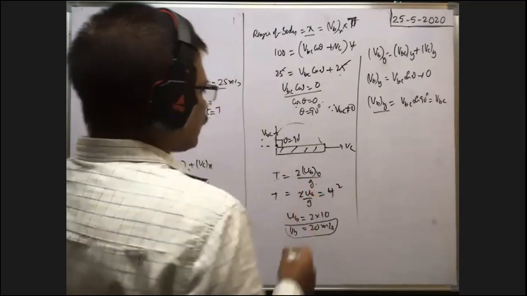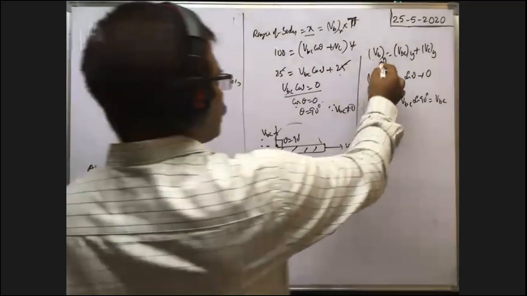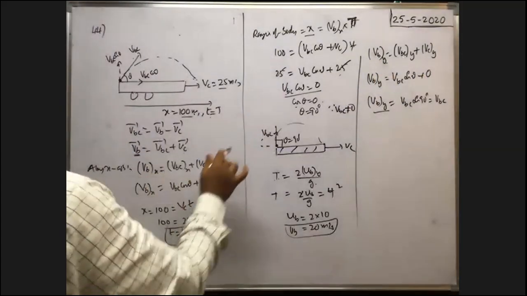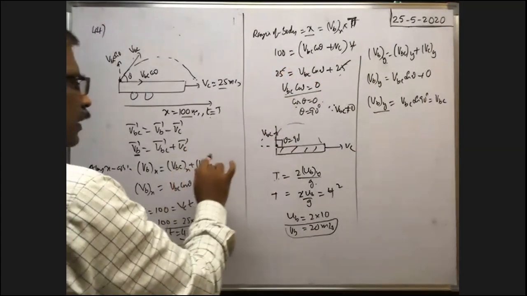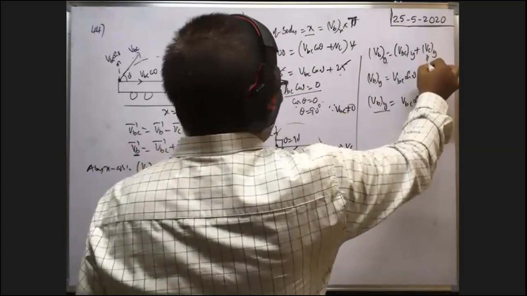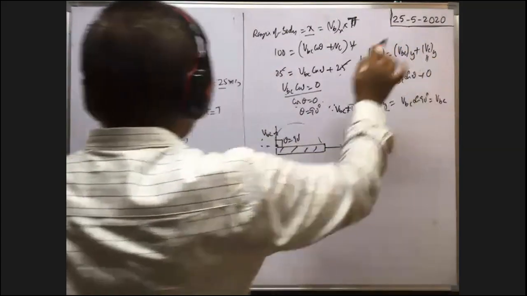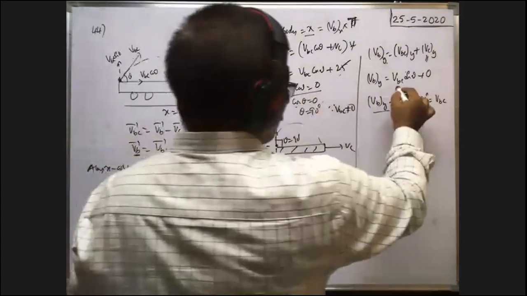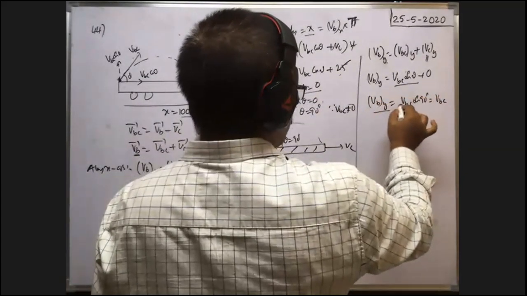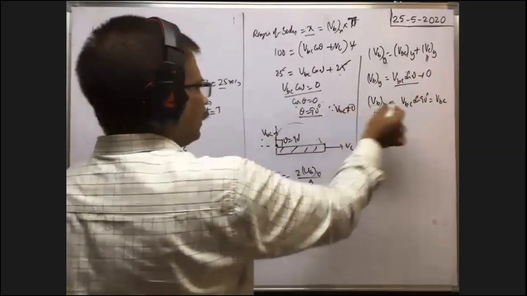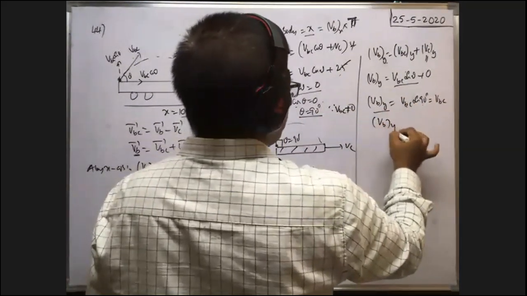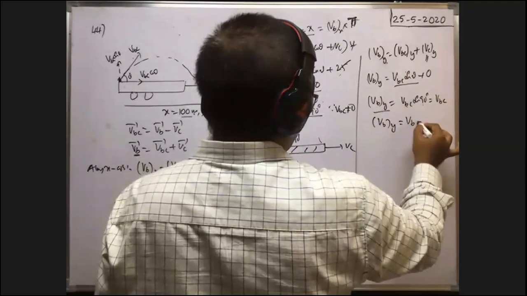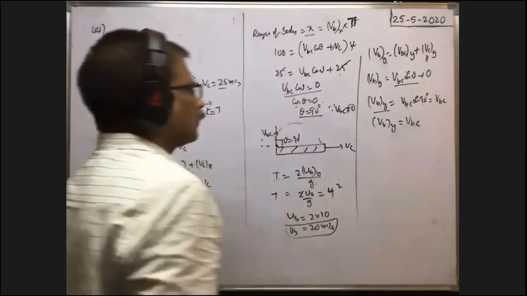But what is the velocity of the body along the y-axis? According to the same formula, the velocity of the body along the y-axis is equal to the velocity of the body with respect to the car along the y-axis plus the velocity of the car along the y-axis. The velocity of the car along the y-axis is 0. The component of the velocity of the body with respect to the car along the y-axis is vbc sin theta. So vby is equal to vbc sin theta, and we got theta equal to 90. Substituting here, the velocity of the body along the y-axis is equal to the velocity of the body with respect to the car. Both are the same.